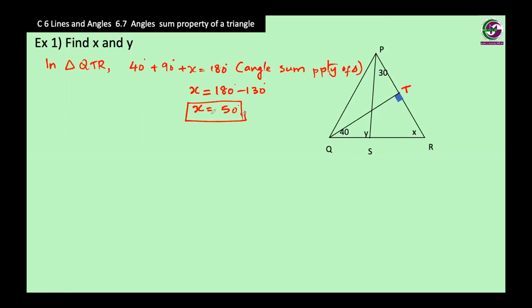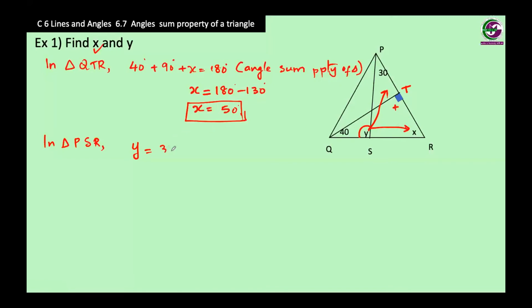Now we have to find what Y is. To get Y, you know, Y is an exterior angle to the triangle PSR. So let us consider the triangle PSR. In triangle PSR, the exterior angle is Y. So Y is equal to 30 degrees plus X. We studied exterior angle is equal to the sum of two interior opposite, not the adjacent, opposite.